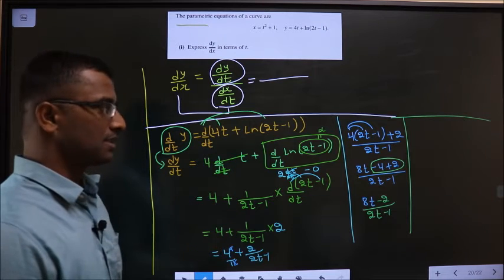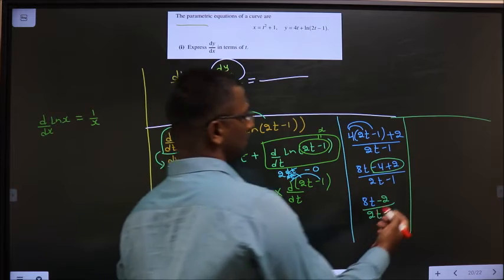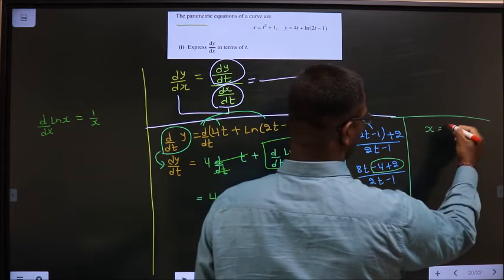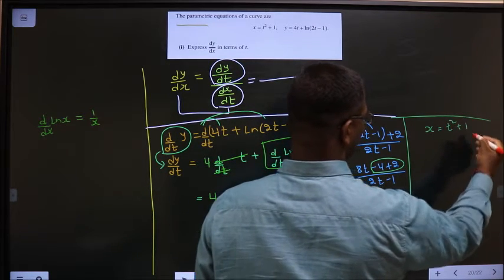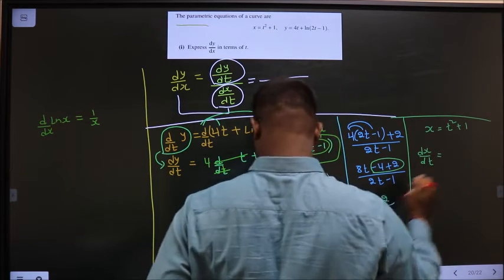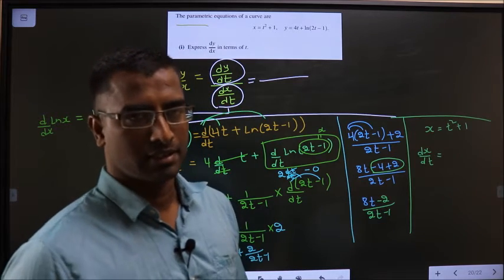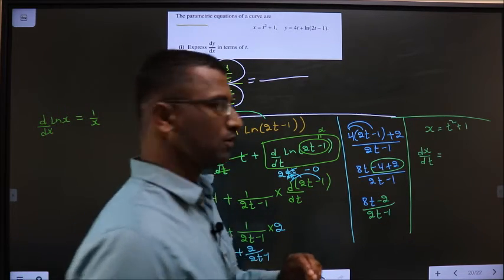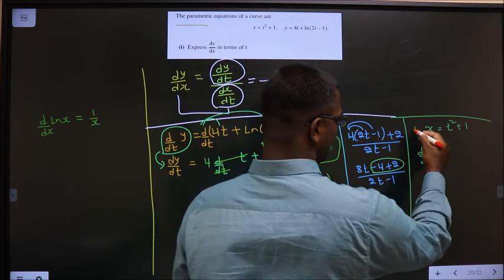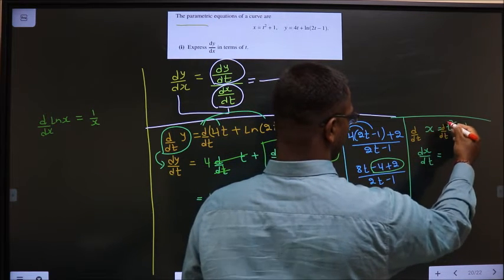Okay. Next, let us get dx by dt. For that, x equals t squared plus 1. Now to get dx by dt, we have to differentiate on both sides. Apply differentiation on both sides, that is, take d by dt on both sides.